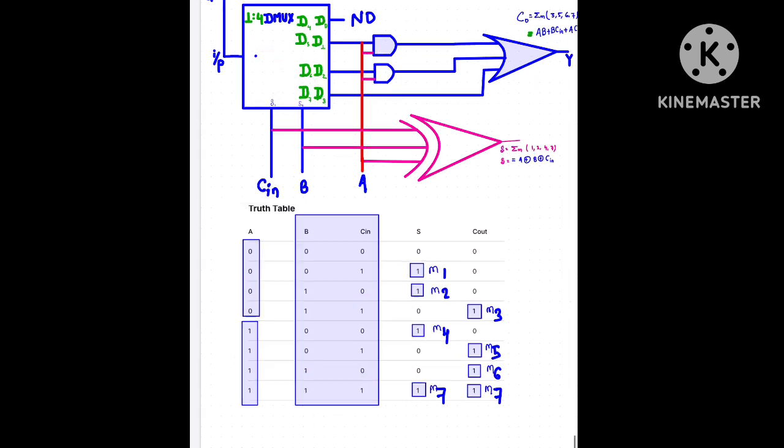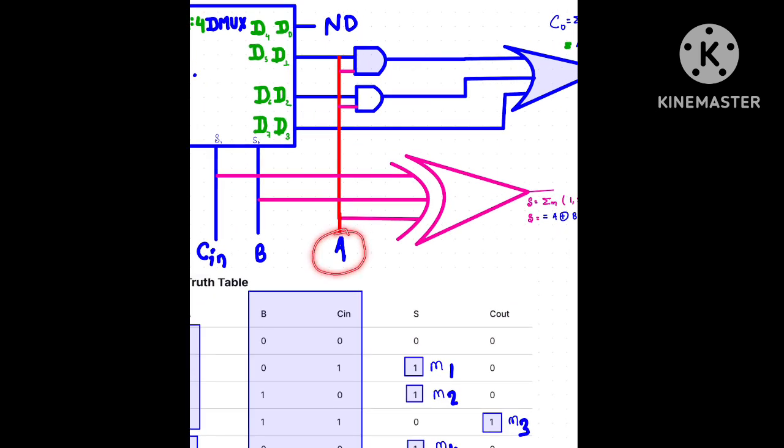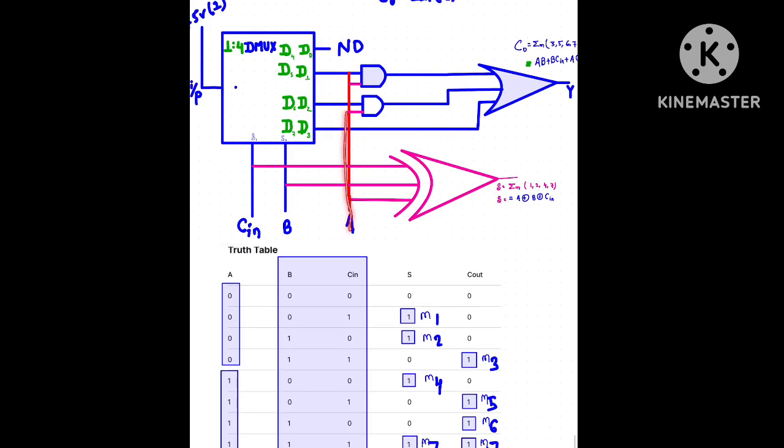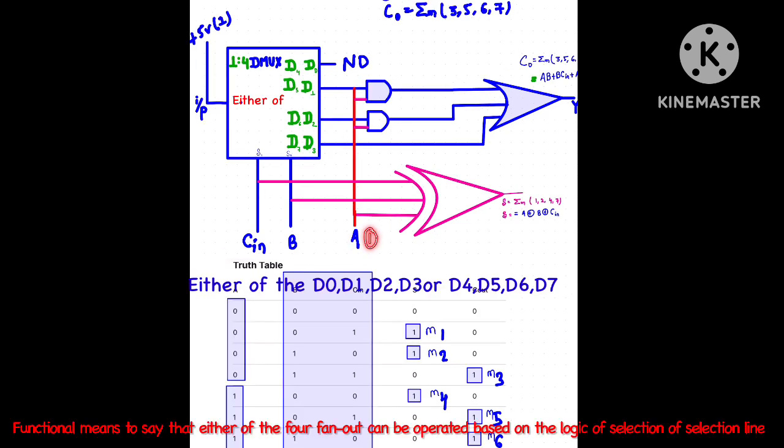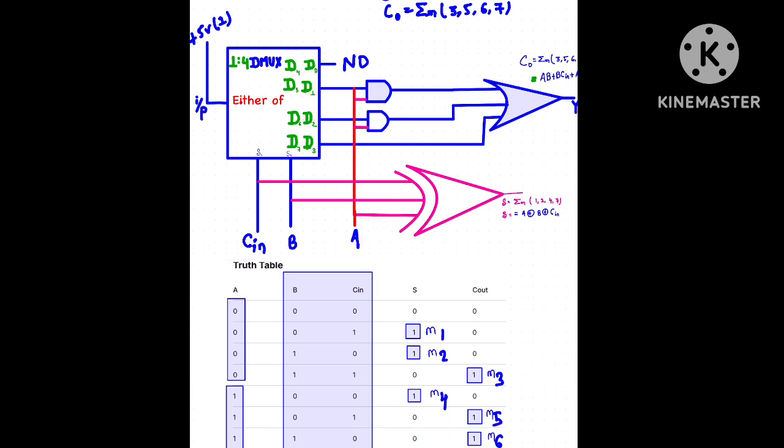I will connect this to an AND gate and another AND gate. If I assume 1 here, D7, D6, D5 or D4 will be functional. But if I put 0, then D0, D1, D2, D3 will be functional.